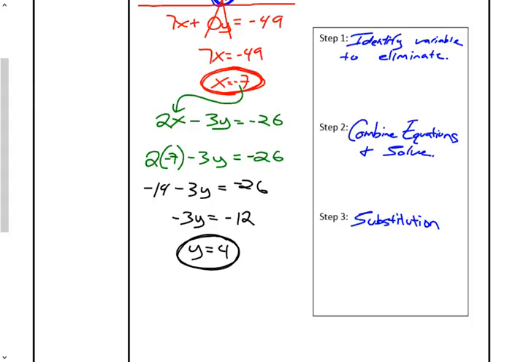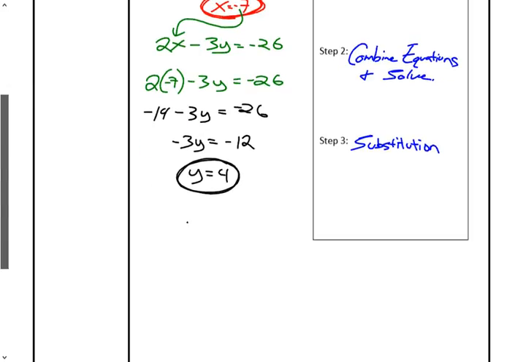Now I can write that as the coordinate, like so, or I could write it out however I want. X comma y would be fine as well. Sometimes I'll only ask you for the x value or for the y value and not the entire solution. In that case, you would just put x equals or y equals.